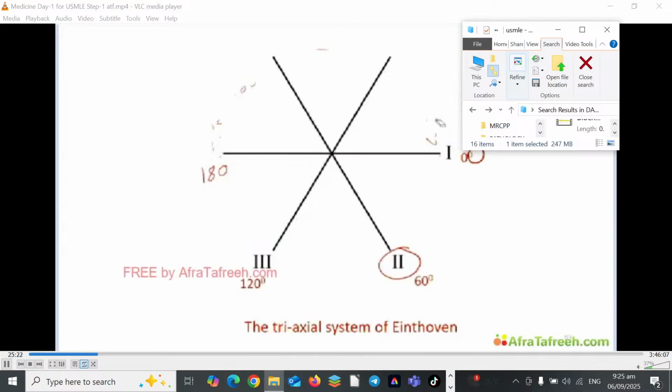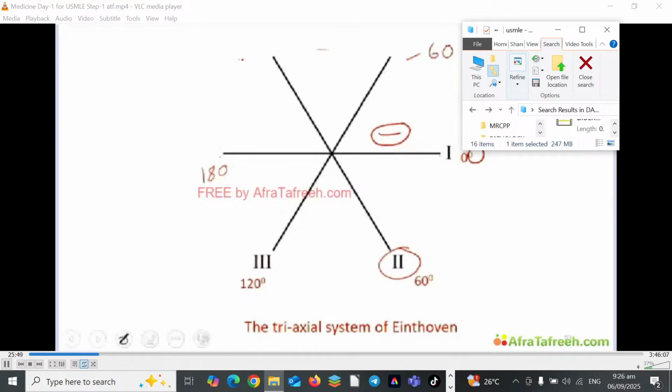And what is done is, anything above this axis is in minus. It is the same degrees, but it is the minus axis. So when lead 3 was 120 degrees, it is supposed to be at minus 60 degrees to lead 1. And similarly, it would be minus 120 degrees for lead 2.